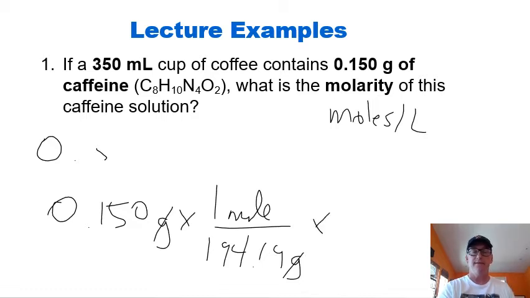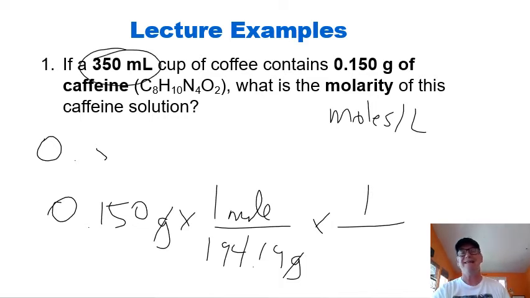So I want the volume in liters on the bottom. If I have 350 milliliters, we know that there's 1,000 milliliters in a liter. So if I divide that number by 1,000, I get 0.350 liters.